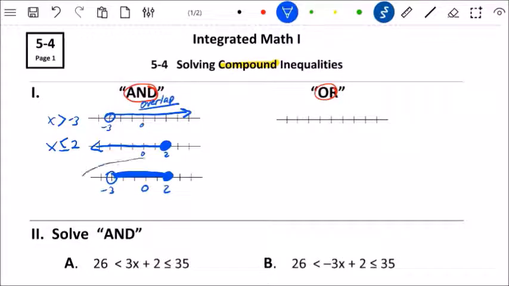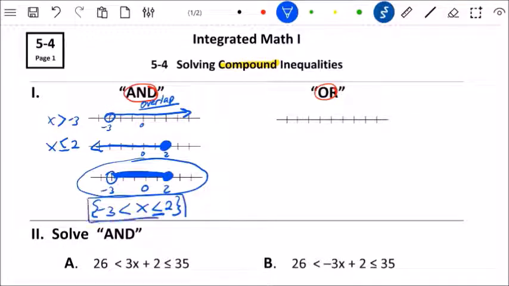Here on this one, there's our overlapping area. Let's put that where there's an x in the middle. X is less than or equal to 2, because it's filled in, but it is also greater than -3. I'm going to put that into these brackets. That shows the way this should be answered.